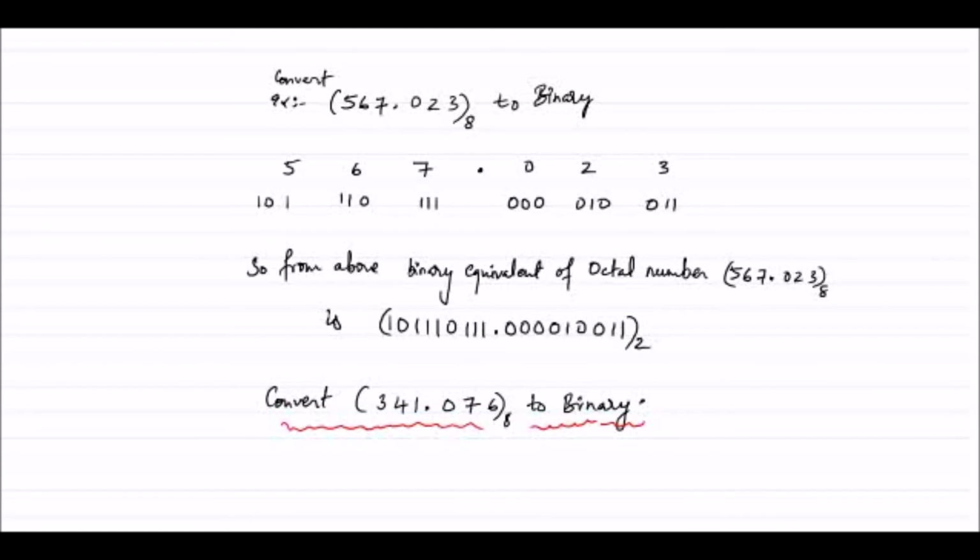You can see 5 is represented as 101, 6 is 110, 7 is 111, point 0 is 000, 2 is 010, 3 is 011.